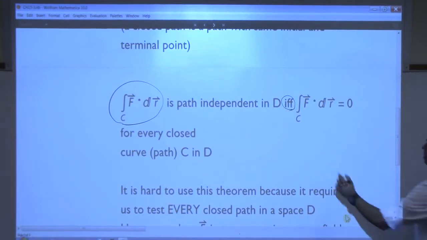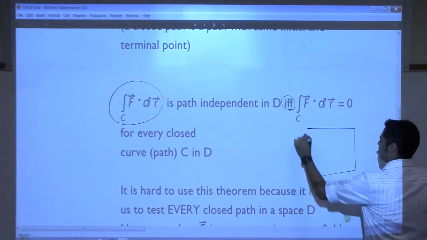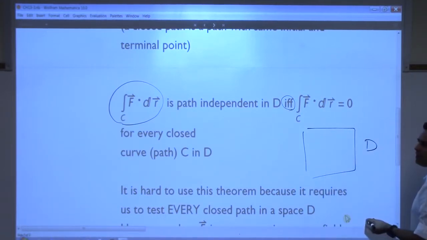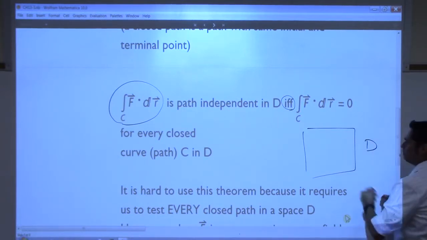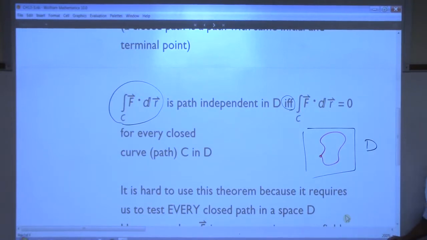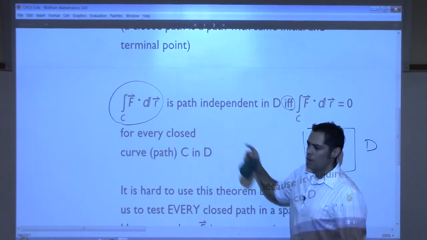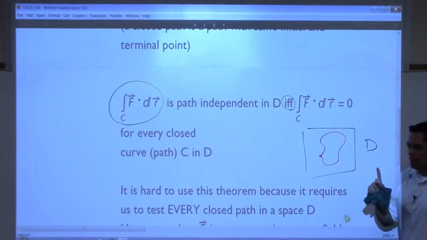So here's the idea. You have some domain D, and you think about a closed path in this space. I'm going to draw a closed path in here. Start and end at the same place. I could do a line integral over this. If I do the line integral over that and I get 0, does that mean it's path independent? Not yet.